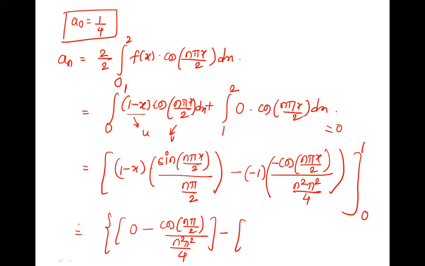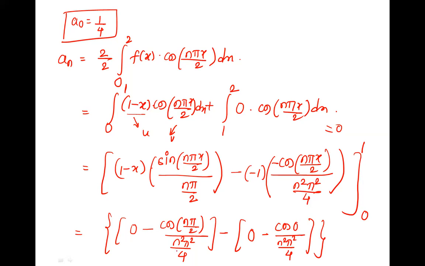If x is 0, if x is 0 here, what will be the value? 0. Right, so sine 0 is 0 and 0 into anything is 0. Minus, it is 0 here, so it becomes cos 0 upon n square pi square by 4. Right, so here it is a upon b upon c, so 4 goes up.